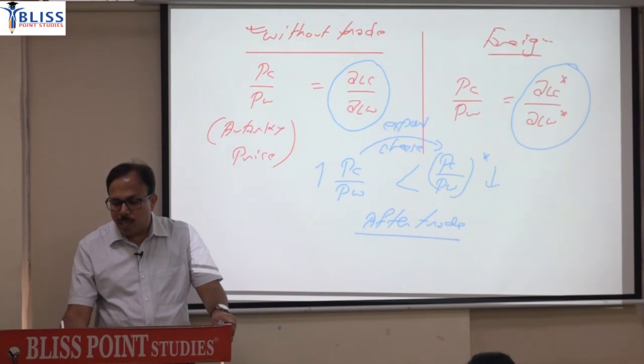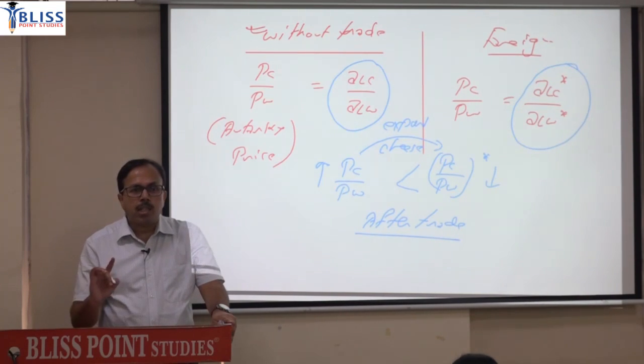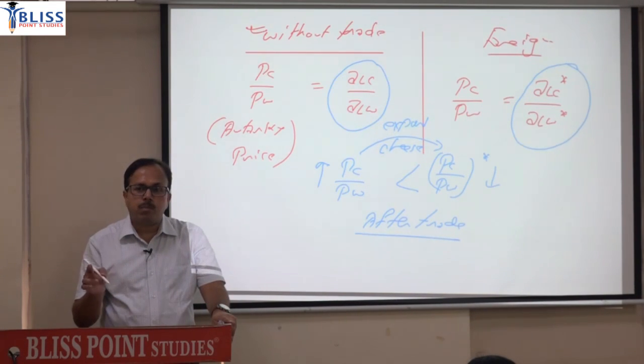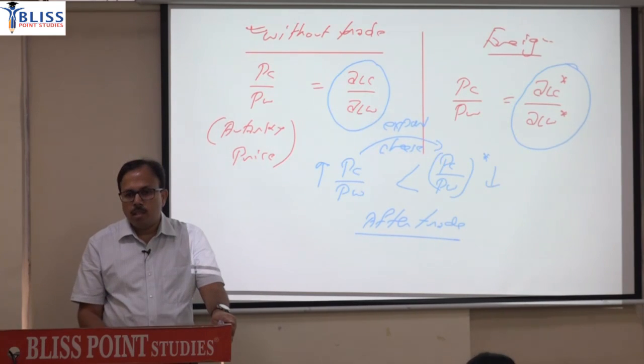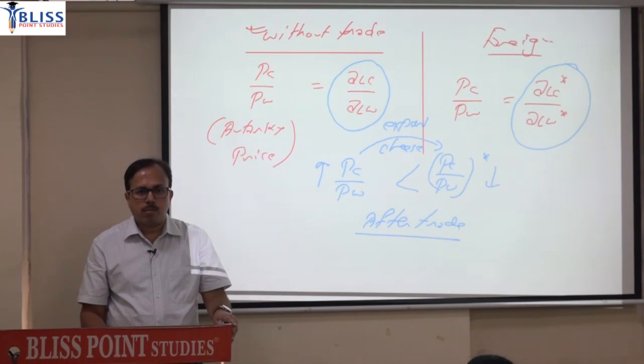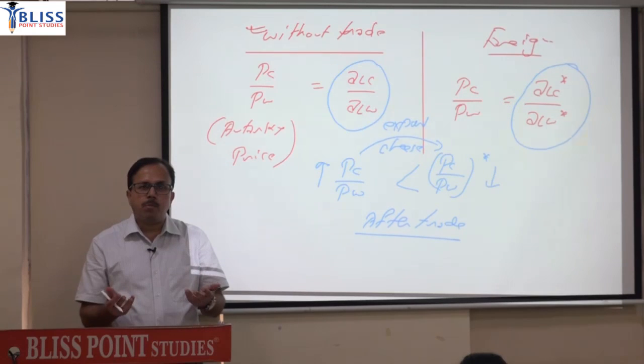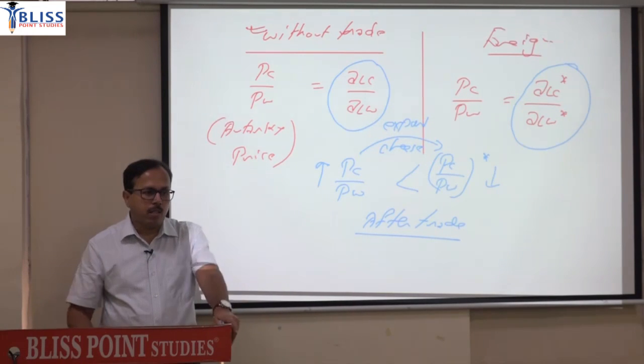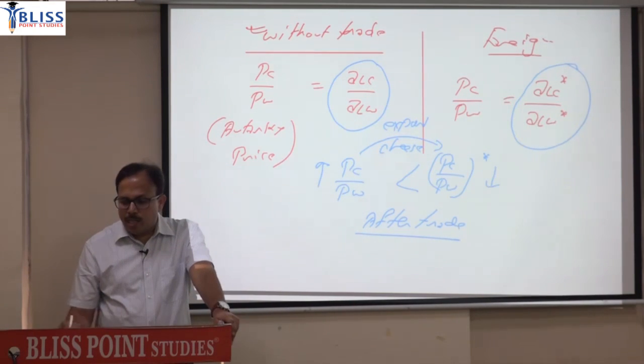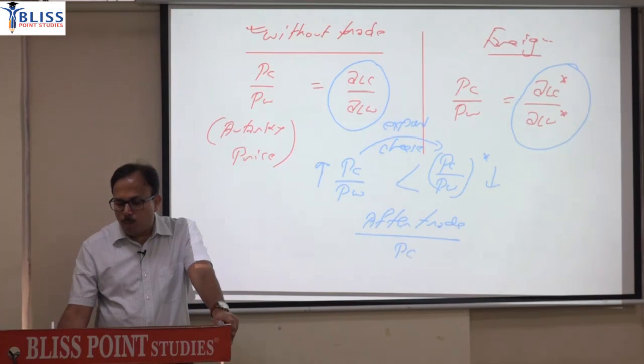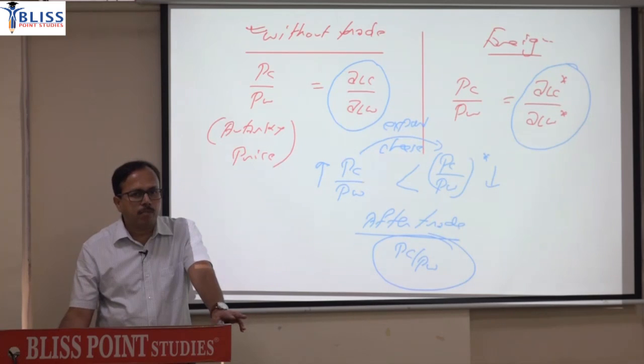That change will continue till prices become the same after trade. So trade converges the price. Trade arises because prices were different before trade. Due to that trade, after trade price in both countries will become the same. Before trade they were different, but trade will always equalize the price.